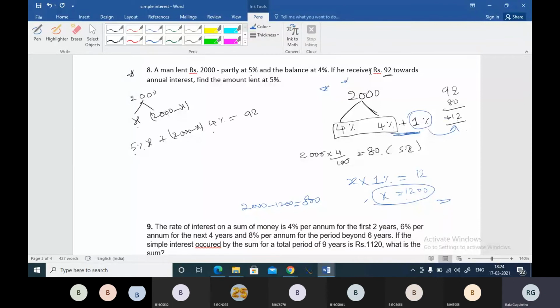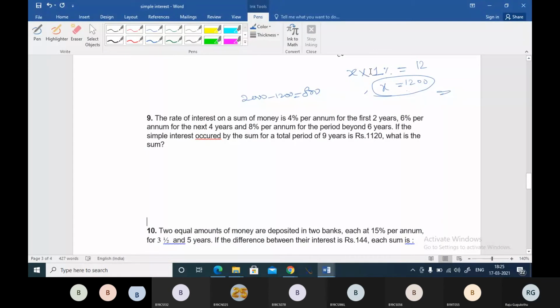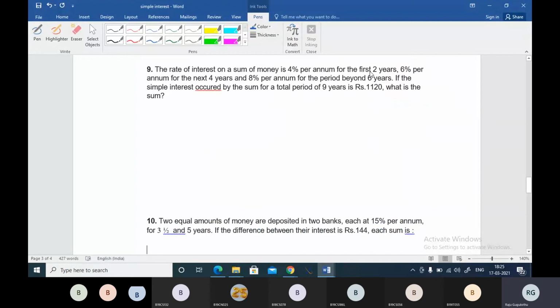Okay, after that we have question number 9, friends. Please answer this question number 9. The rate of interest on a sum of money is 4% per annum for the first 2 years. This kind of model we have done previously.